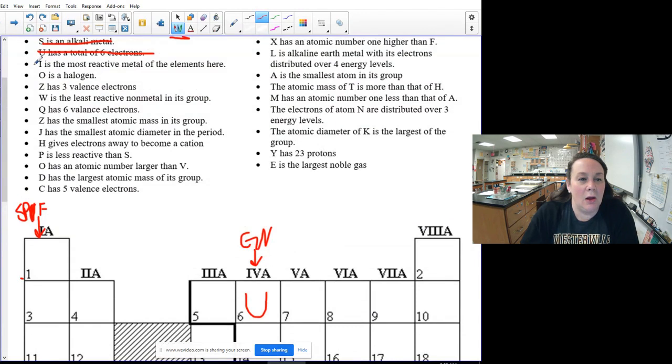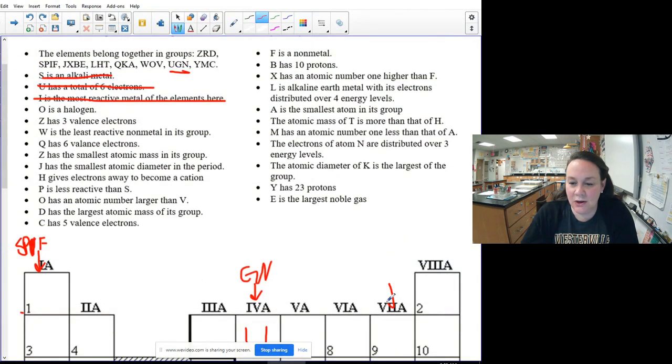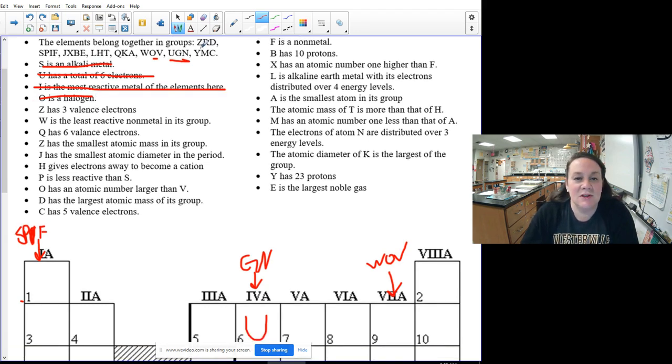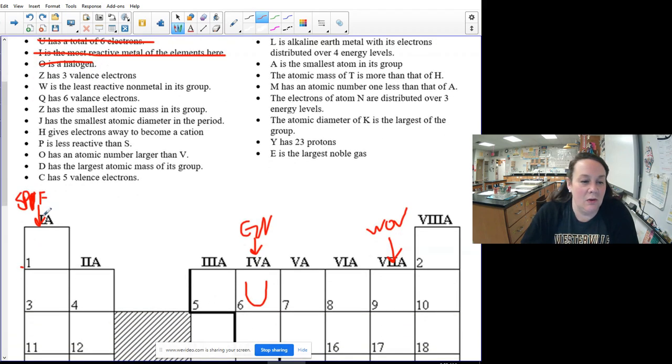Awesome. Let's see. O is a halogen. So halogens are right here. So I know that W, O, and V must be in this group. Z has 3 valence electrons. So Z, R, and D. 1 valence electron, 2, 3, aha.